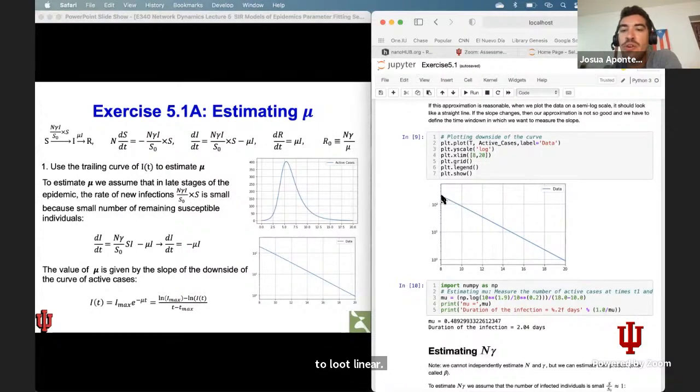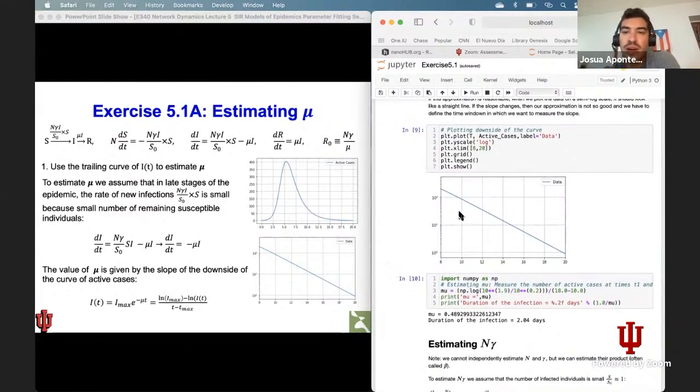If it does not look linear, your assumption that the rate of new infections is small is not justified, and you will have to look at a later point in the trailing part of the curve.